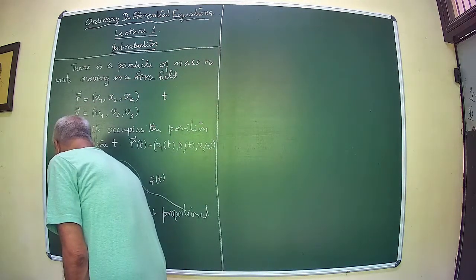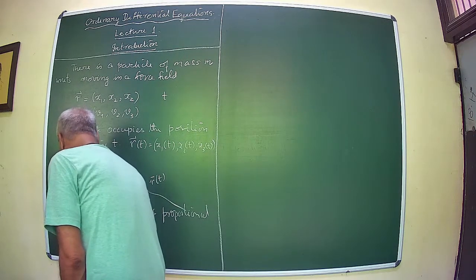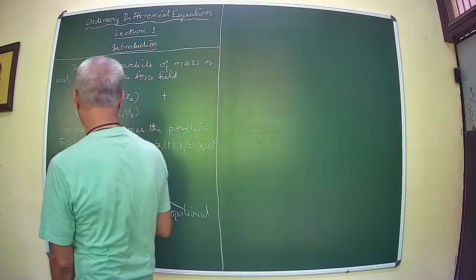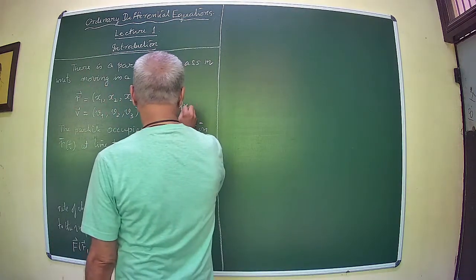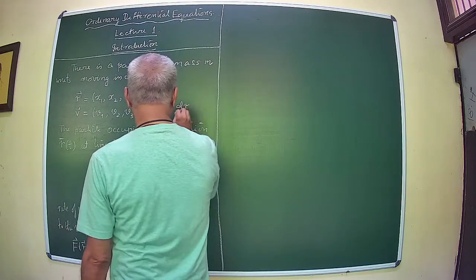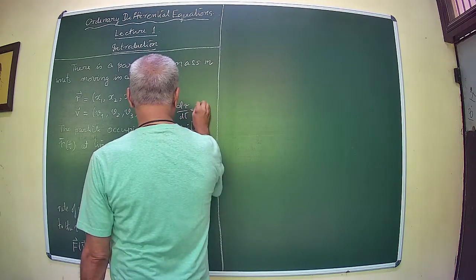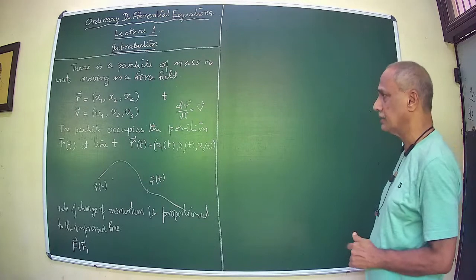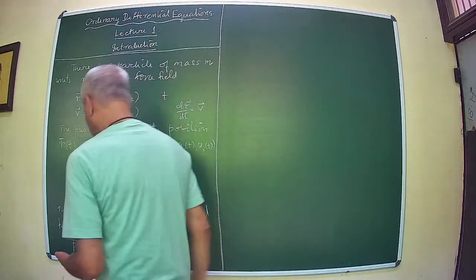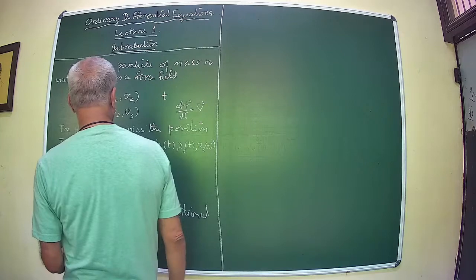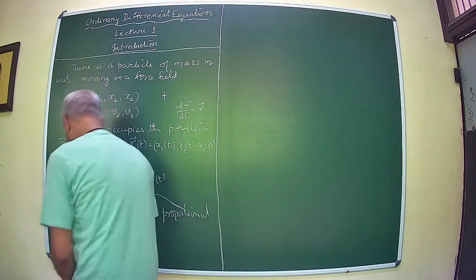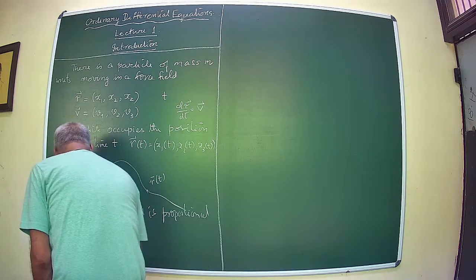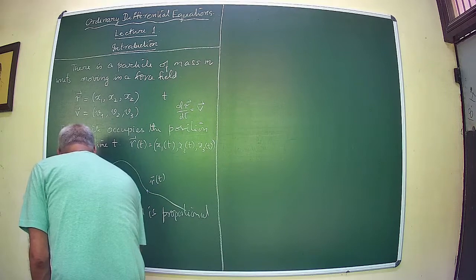F is a vector which depends, in general, on r, and you know from your physics that dr by dt is the relation between the velocity and the position, and t.